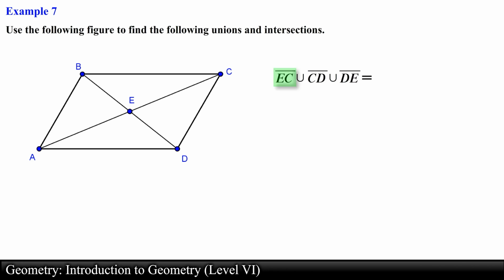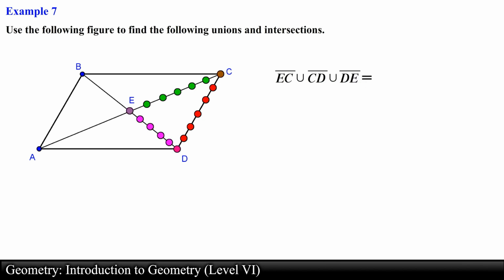Alright, the set of all points represented by line segment EC consists of the following points. The set of all points for line segment CD are represented as follows, and the set of points of line segment DE consists of the following points.